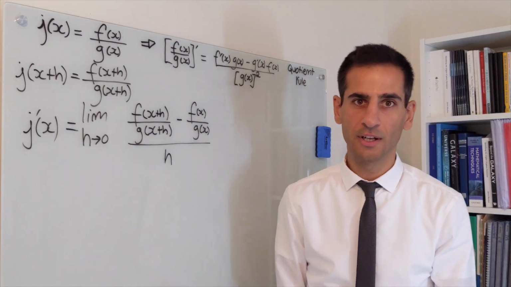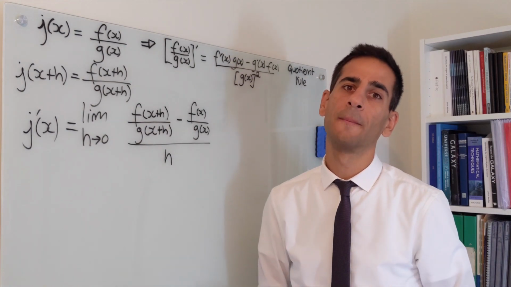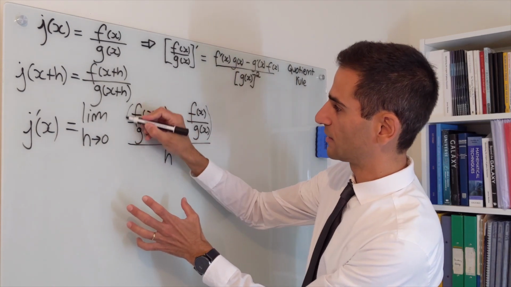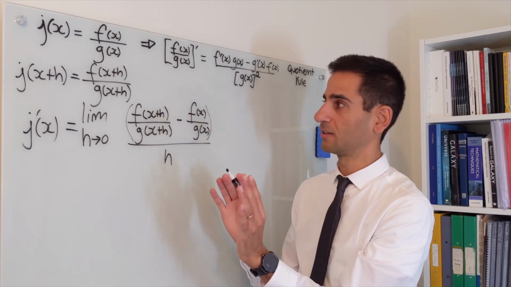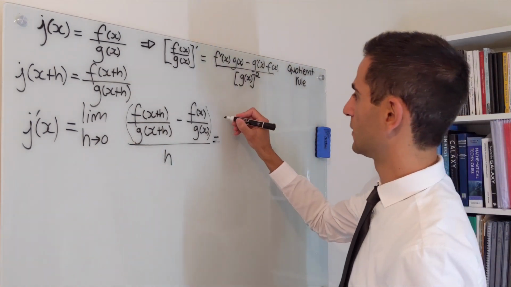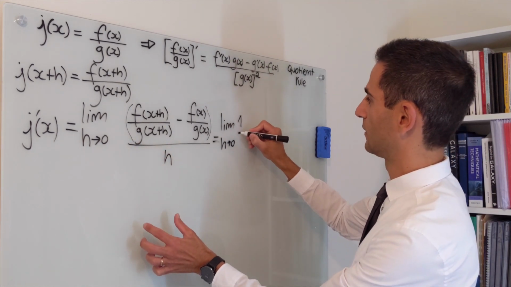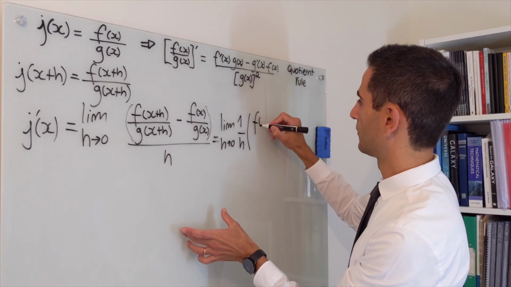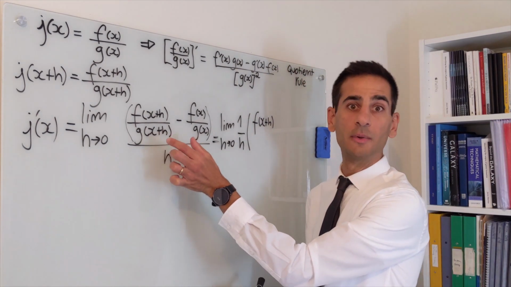And I know many of you don't love fractions, but again, just like we've done before, we can actually get h over here, because essentially what this means is we're multiplying this by 1 over h. So that makes it much easier. Let's do that then. This is equal to the limit when h goes to 0 of 1 over h times f of x plus h over g of x plus h, and the other thing that we can do is find the common denominator.